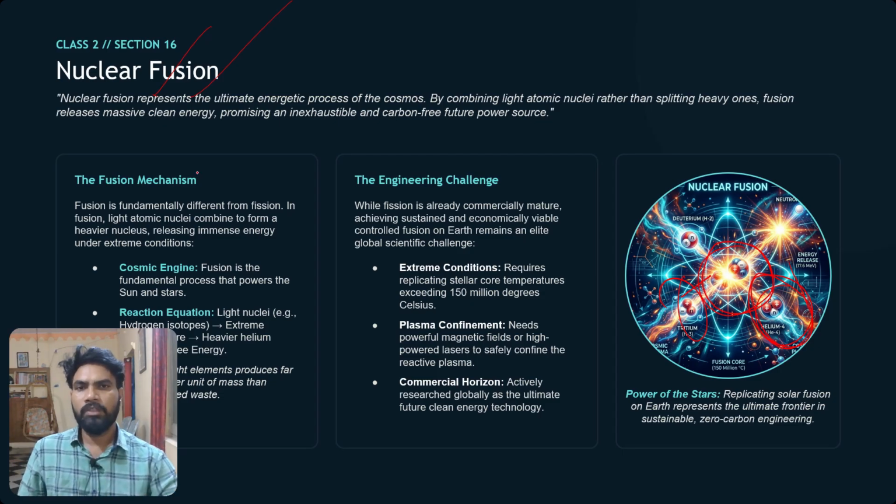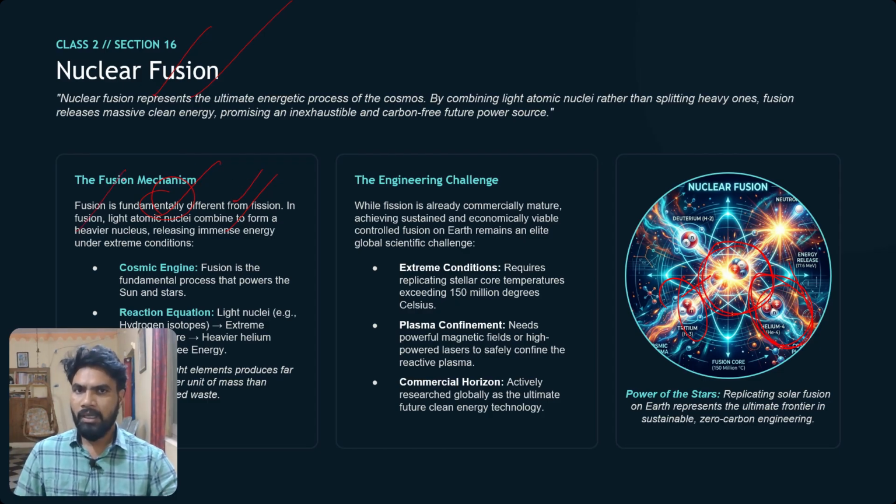So what is fusion? Fusion is fundamentally different, completely opposite to nuclear fission. In fission, the breaking of a single nucleus happens. In fusion, two or more separate nuclei come together and become a single nucleus. That is nuclear fusion. In this process also, lakhs of tons worth of energy, or heat, is released.